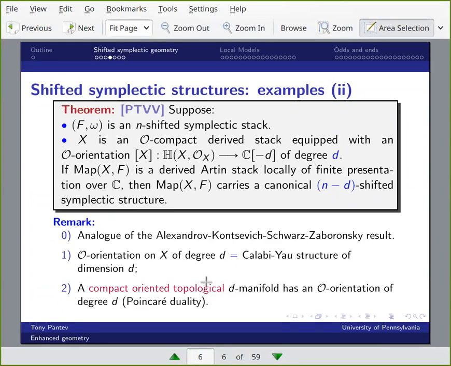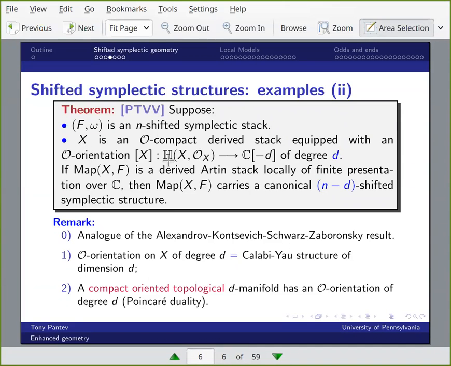The first one is an analog of a theorem of Alexandrov, Kontsevich, Schwarz, and Zaboronsky in local quantum field theory. And geometrically, it says the following thing: if you have any n-shifted symplectic stack, and you have a derived stack X, which is oriented, so it looks like a Calabi-Yau.